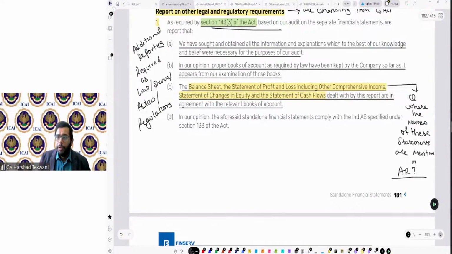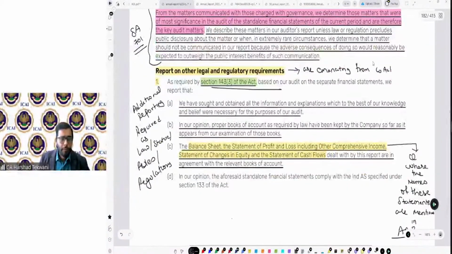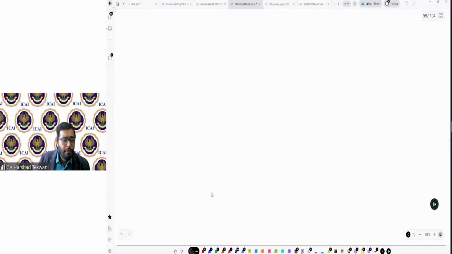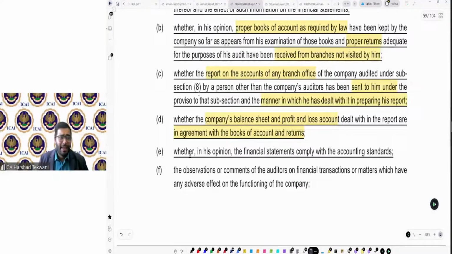Then the next part is with respect to whether, in the auditor's opinion, the financial statements comply with the accounting standards. If yes, then accordingly he will reply yes, they are complying.